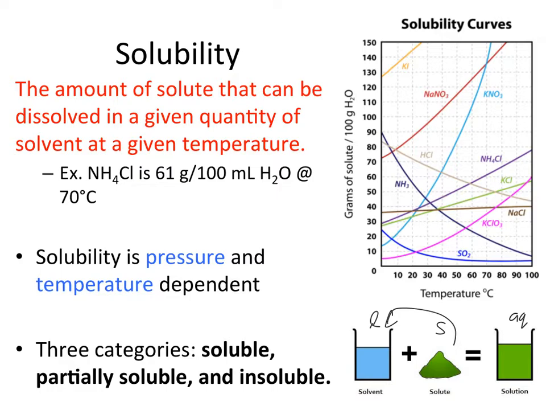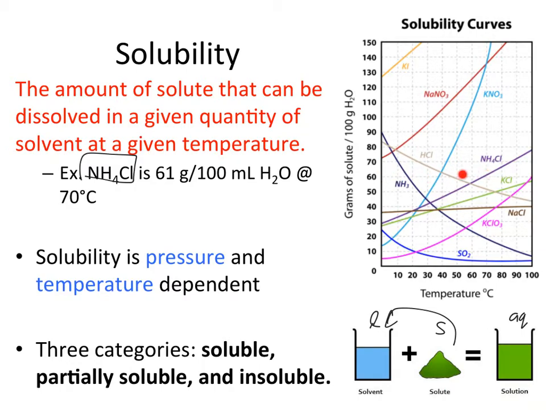But if we look at, for example, ammonium chloride, NH4Cl, we can use this little solubility graph to show what happens to the solubility of these compounds as we increase the temperature. So if we find ammonium chloride, which is this purple line over here, at 70 degrees, for example, we bring it to that line, and wherever that line is, we go across.